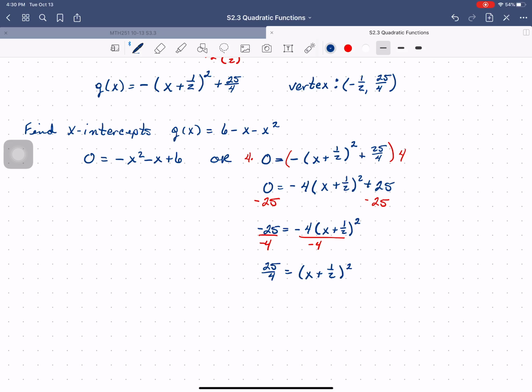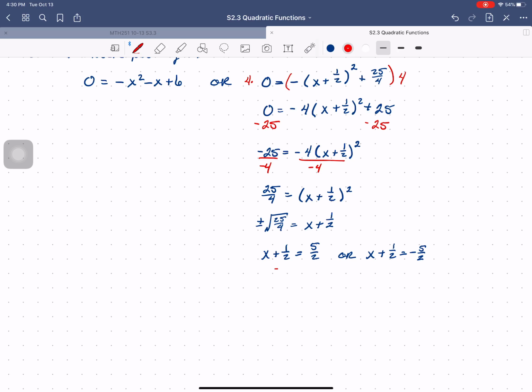Well, now I can square root both sides. So I get the positive or negative square root of 25 over 4 equals x plus 1/2. Well, that means x plus 1/2 equals 5/2, or x plus 1/2 equals negative 5/2.